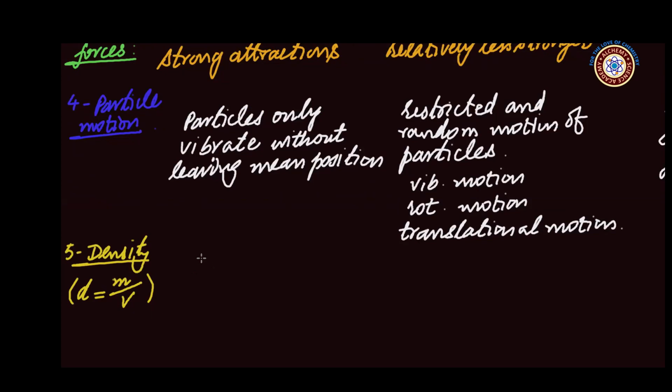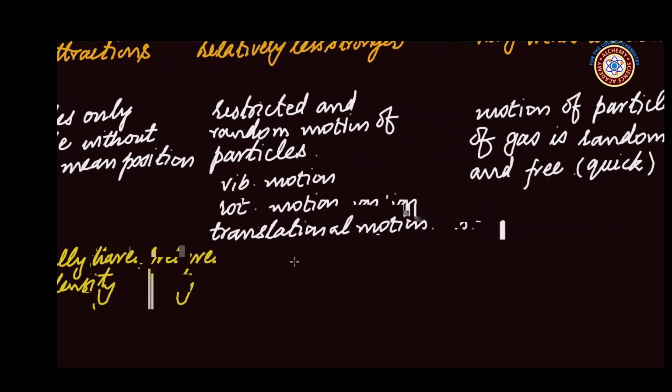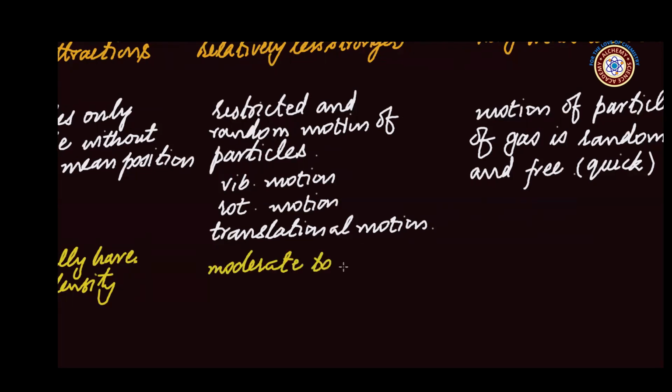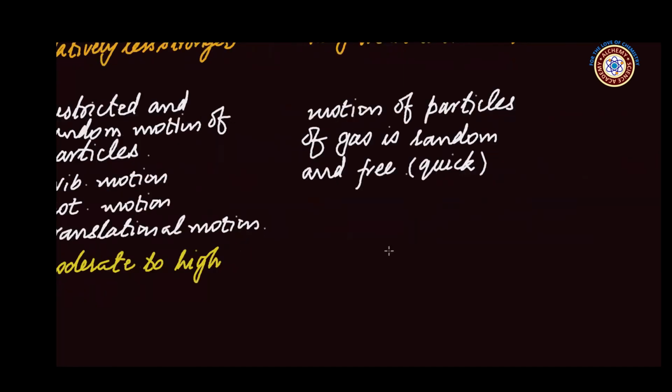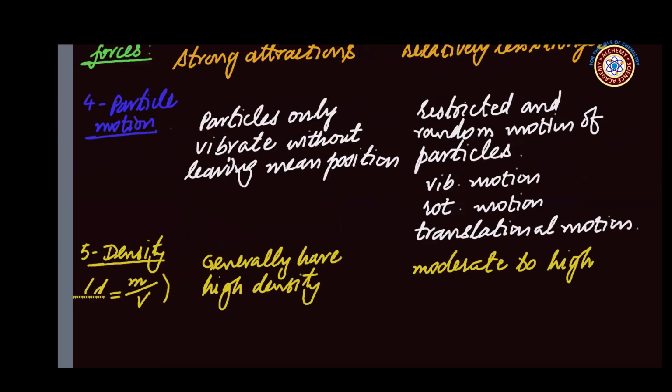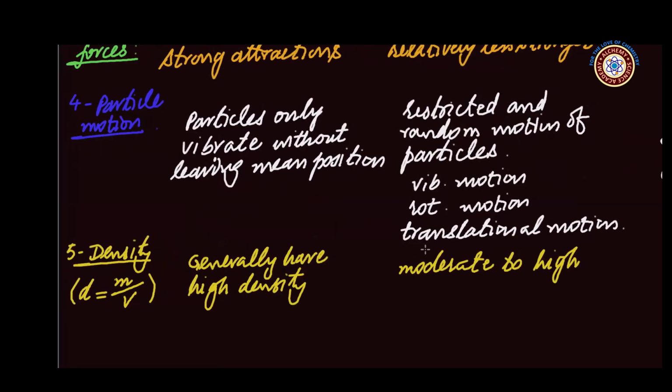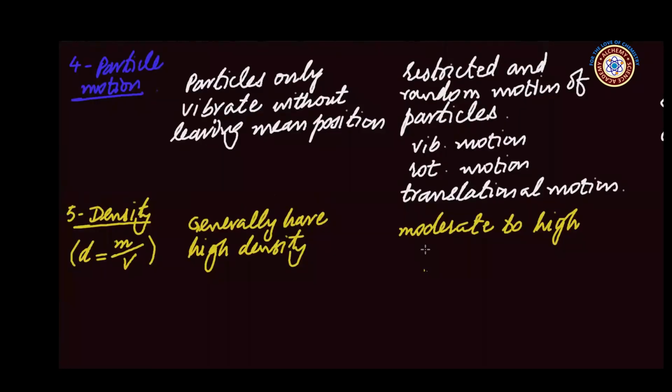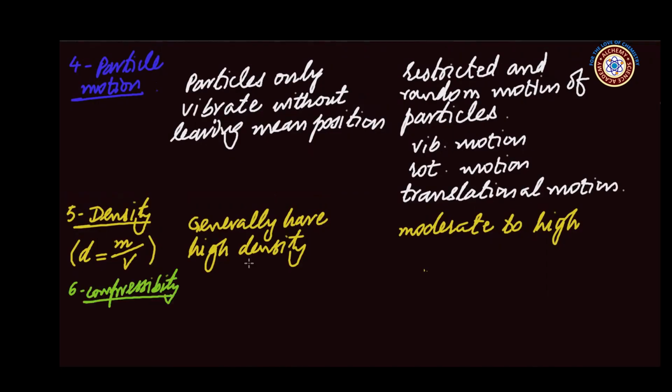Solids generally have high density since their particles are compactly packed, whereas the density of liquids is from moderate to high, whereas gases have very low density because of large gaps between their molecules. Next is compressibility.